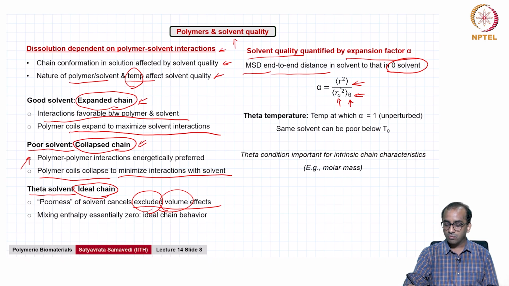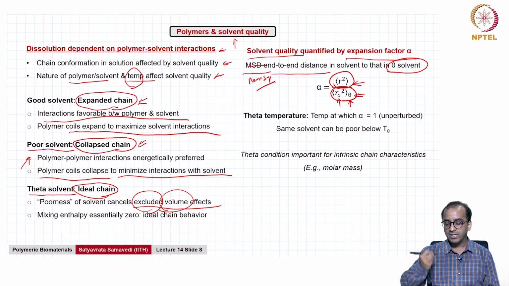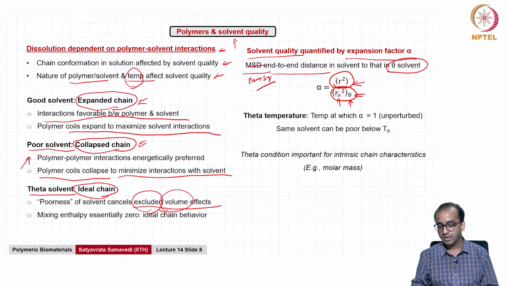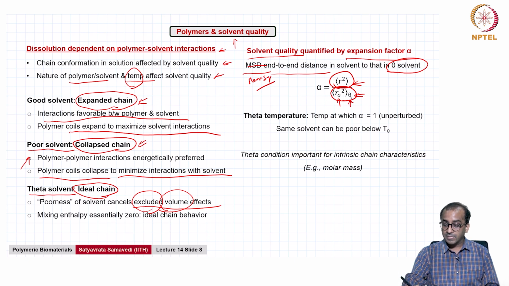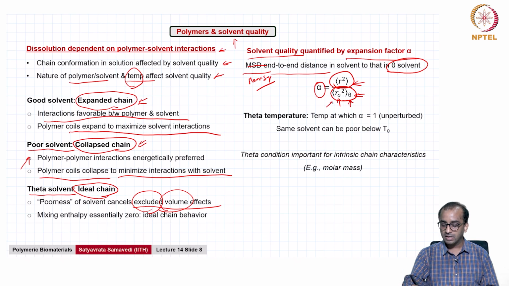So, you are asking what is the mean square end-to-end distance in a given solvent compared to the mean square end-to-end distance in the theta solvent. And that is quantified by the expansion factor called alpha, which is simply a ratio of mean square end-to-end distance in a given solvent to that in the equivalent theta solvent.